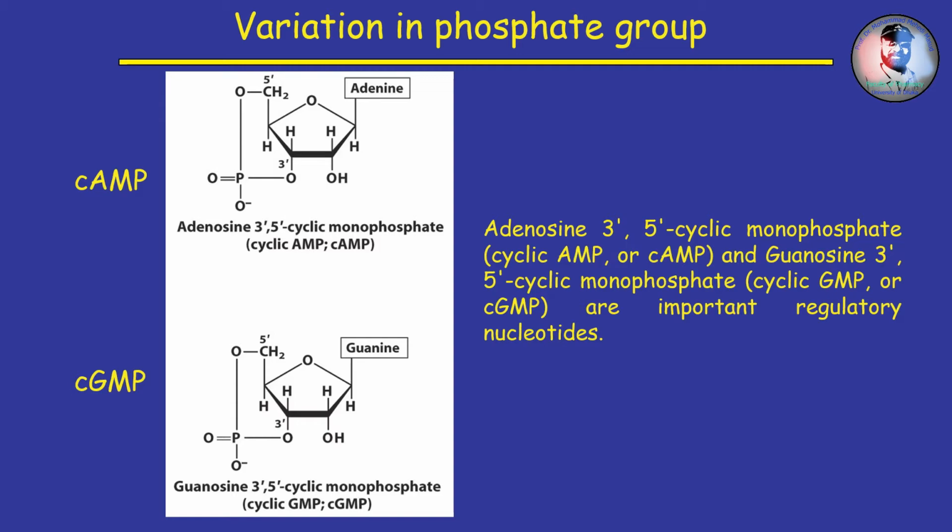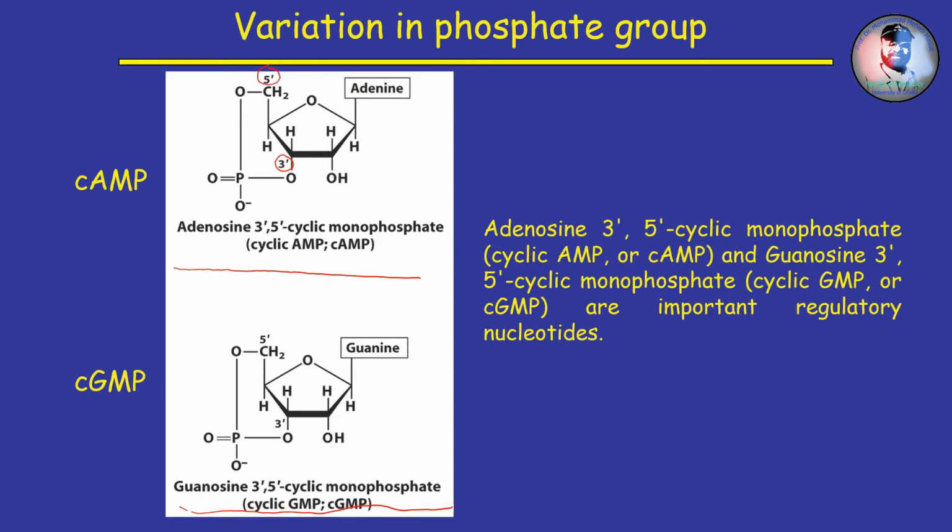As can be seen in cyclic adenosine monophosphate, that is cAMP, or adenosine 3',5' cyclic monophosphate, and in cyclic guanosine monophosphate, that is cGMP, or guanosine 3',5' cyclic monophosphate. The cyclic portion consists of two bonds between the phosphate group and the 3' and 5' hydroxyl groups of the sugar, very often a ribose.